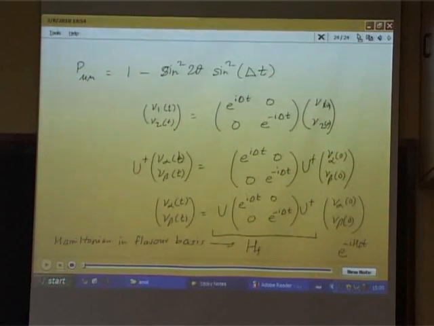The problem is that calculating this quantity is not very easy, because HF is not diagonal, HF is very complicated. You get some matrix which has all 4 elements, and if you want to exponentiate a matrix, you have to write the whole power series. Therefore, it's always easier to work in terms of mass eigenstates, because they travel linearly.